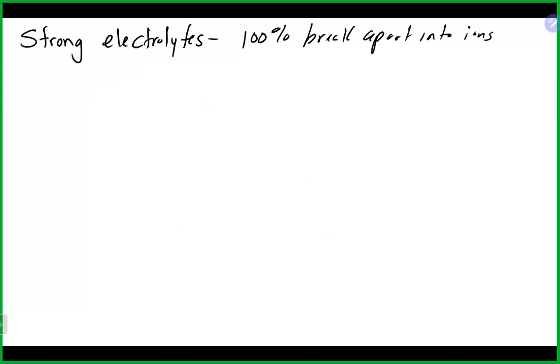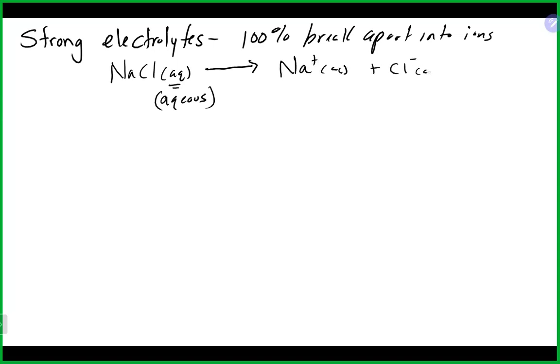So for example, if you had a sodium chloride solution, and by the way, the AQ here means aqueous, is basically a water environment. It's basically a solution, which is a homogeneous mixture. What you actually have in solution is this thing will not stay together. It will 100% break apart into sodium ions and chloride ions.